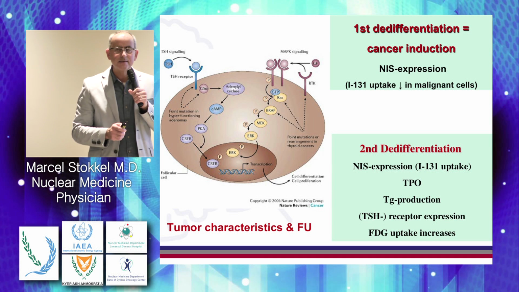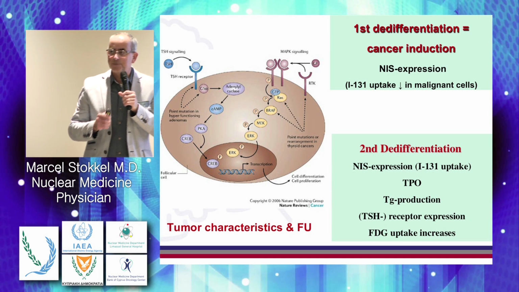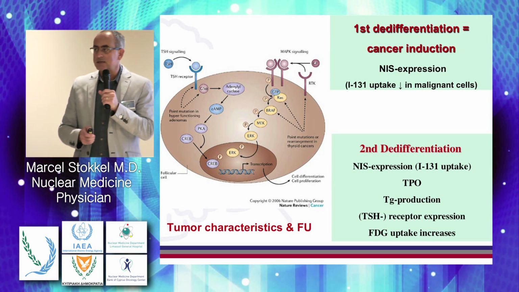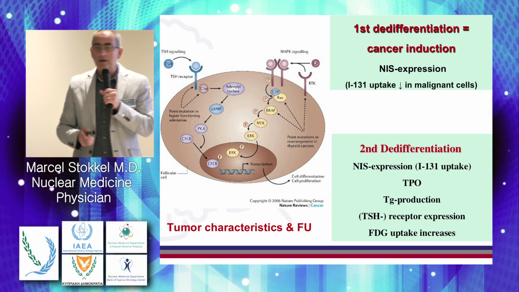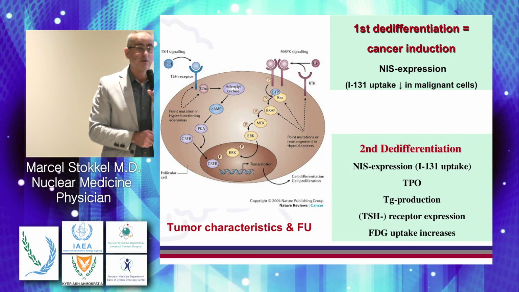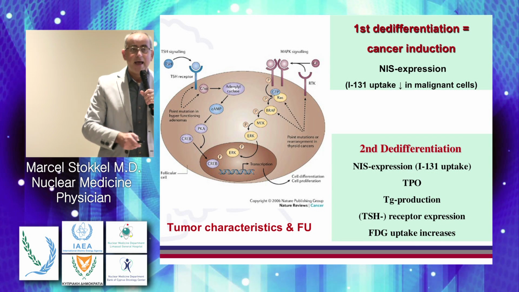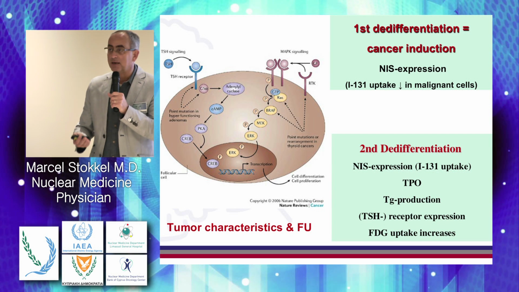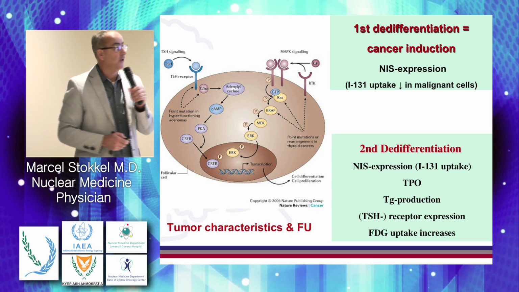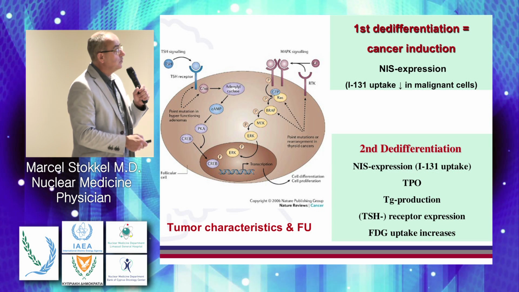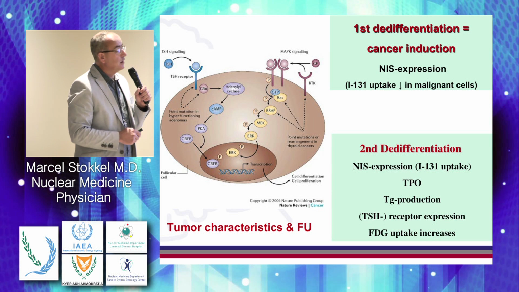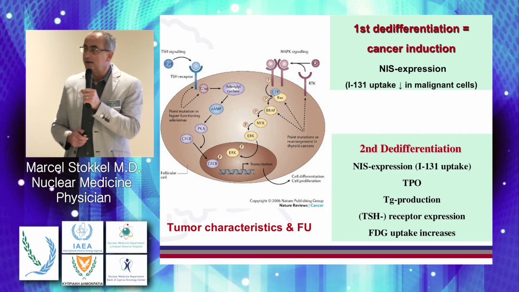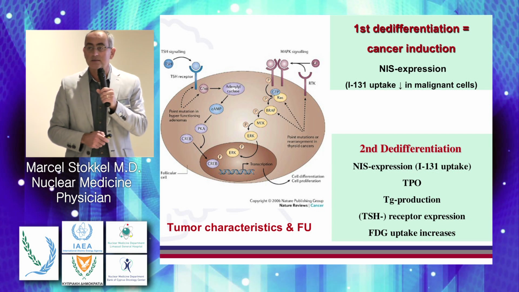But you have to realize that the expression of the sodium iodide symporter on thyroid cancer cells is already less optimal than is observed in normal thyroid tissue. And in fact, it means that you need more radioiodine to visualize malignant disease compared to normal thyroid tissue. So the radioiodine uptake is already diminished compared to normal thyroid cells.